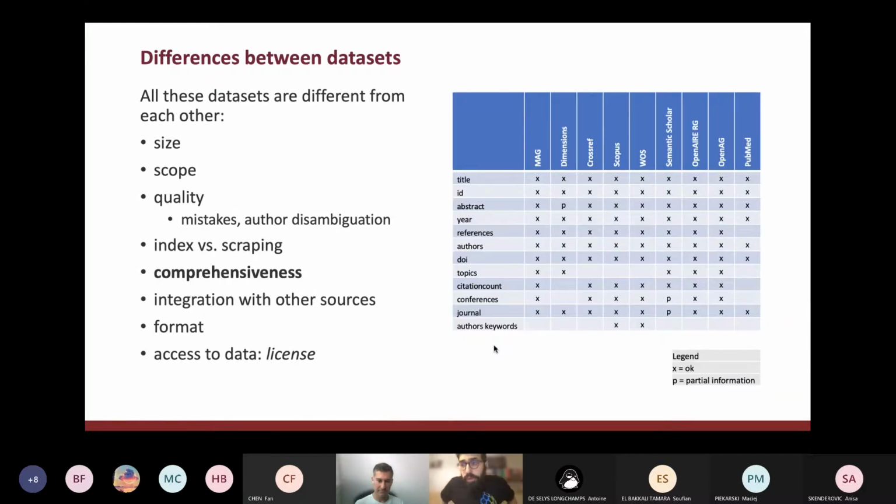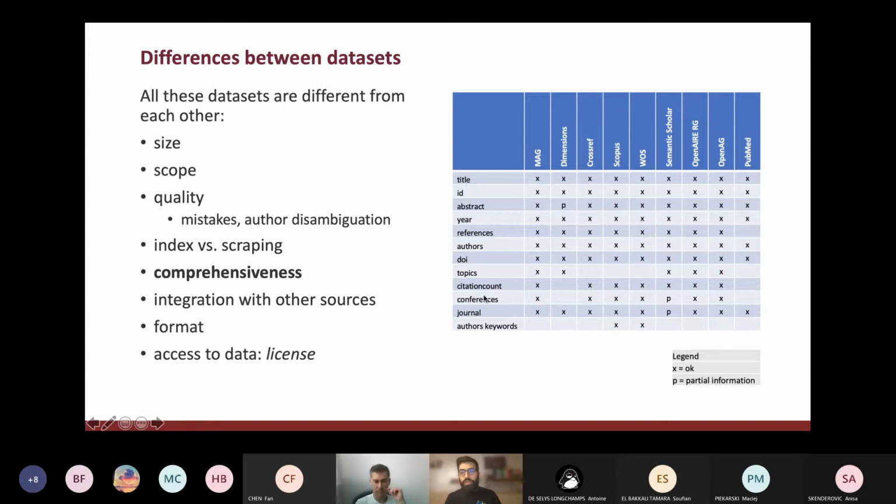Comprehensiveness. This is another way of comparing datasets. Here there is a table that compares datasets across what kind of features they have. The X means that that kind of information is available. For each paper in MAG, we have title, ID, abstract, year, and so on. We don't have author keywords, which instead are within Scopus and Web of Science.